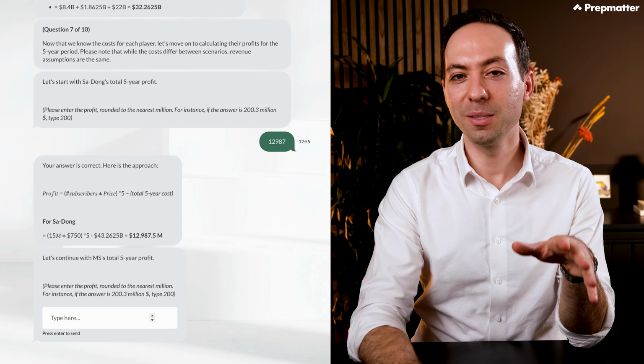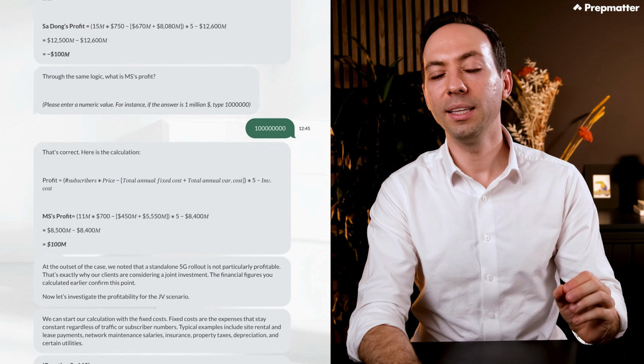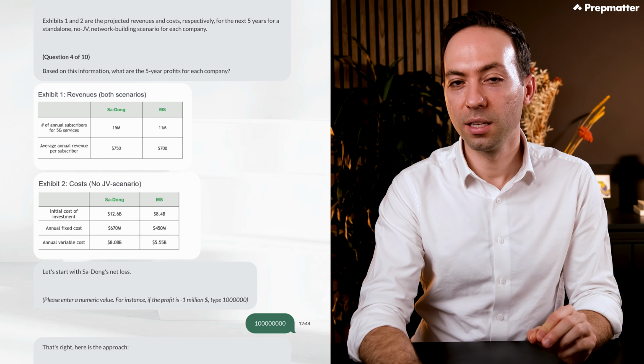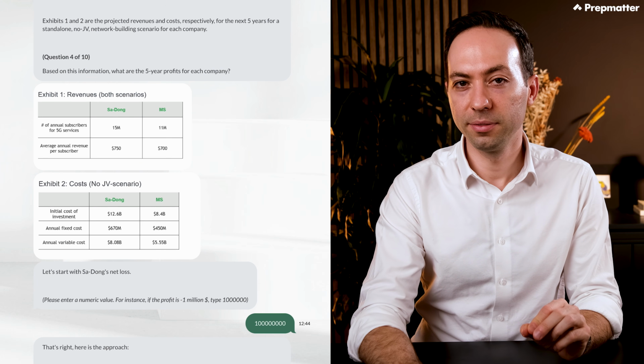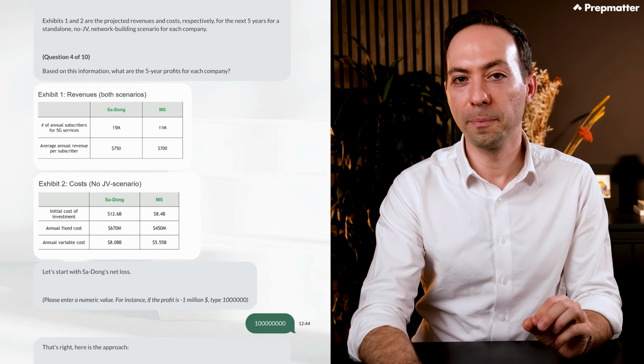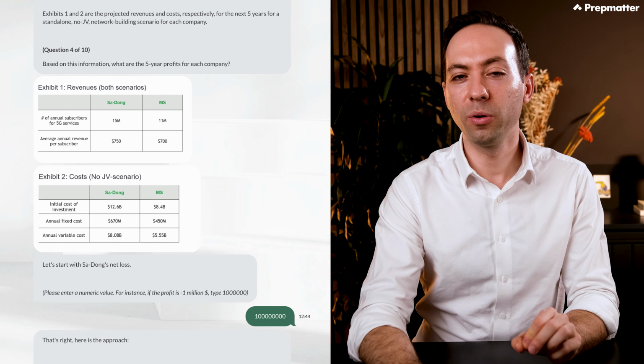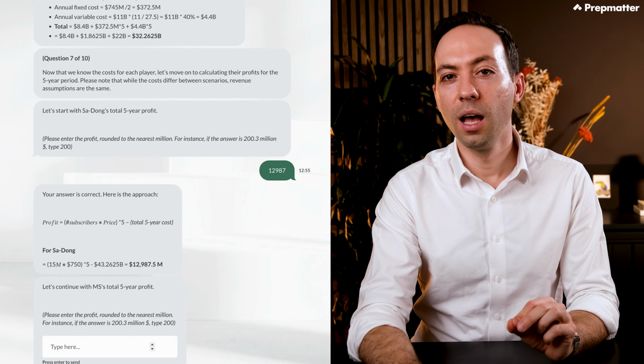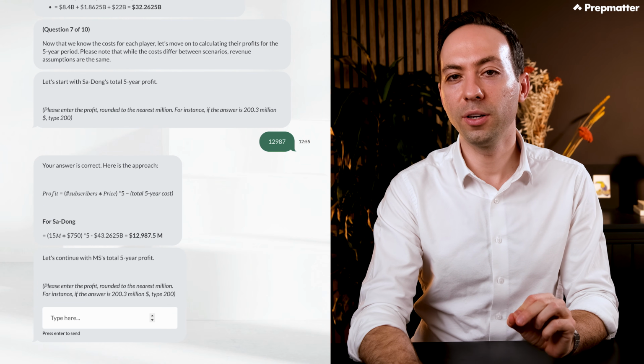Again, referring back to Exhibit 1, I'll multiply 11 million by $700 and then by 5. Okay, we get $38.5 billion of revenues in the next 5 years. Let's scroll up to see the total 5-year costs.